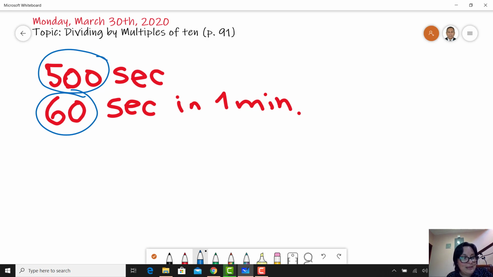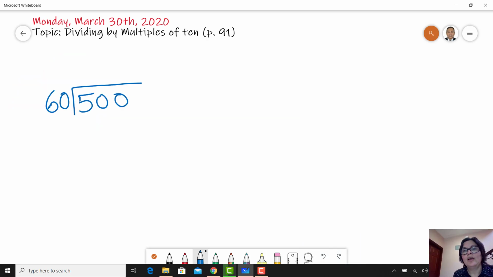So that remainder will represent the number of seconds that were left. So we have to divide 500 by 60. So let's do that. Okay guys, there we have 500 by 60.